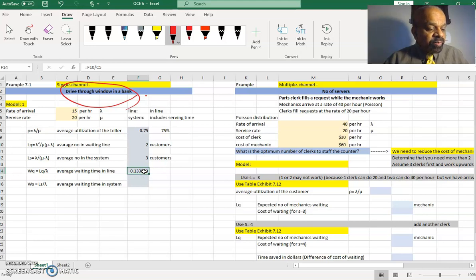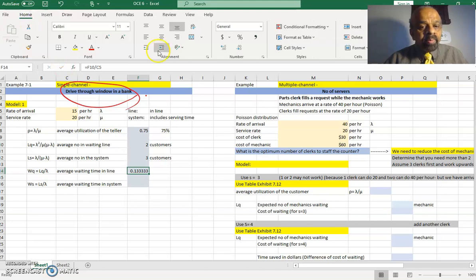That's what we look for. Here in the Home tab you can decrease the decimal to 2, and this is per hour. So the waiting time is 0.13 hours, which is 0.13 times 60, and that is 8 minutes.